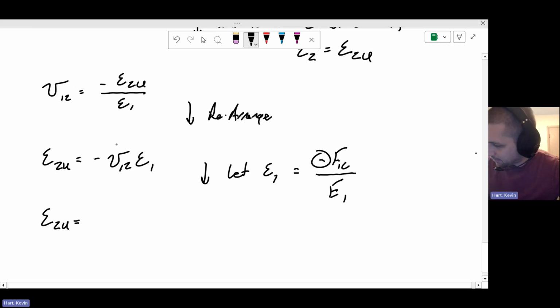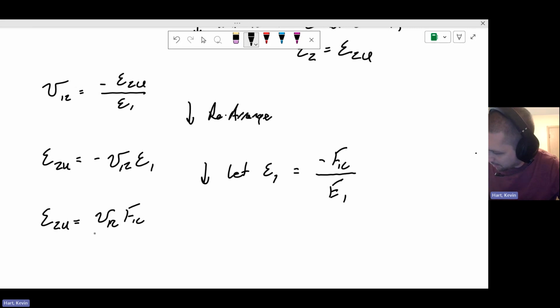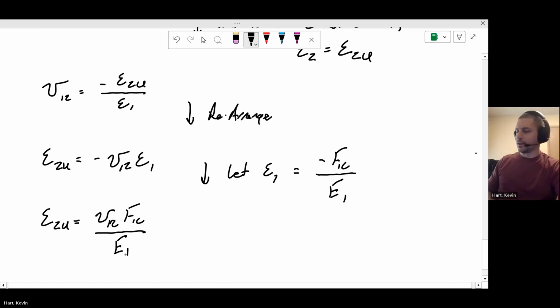And this negative and this negative are going to cancel each other out when I make the substitution. So here, this is going to be something like nu 1, 2 times epsilon 1, which is F1C, now over the elastic modulus in the one direction. Okay, that's very nice. Ultimately, we want to solve for this F1C. That's what we're looking for.